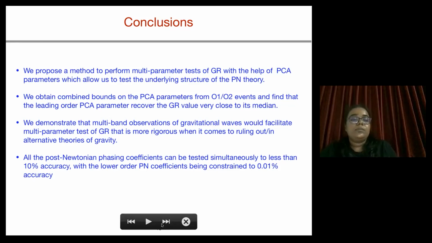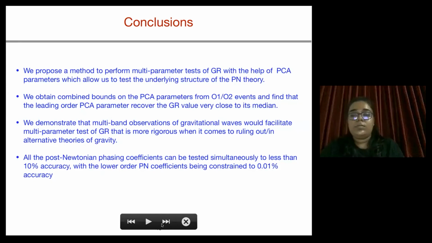And we can also perform this using multiband observations, and it turns out that it facilitates an 8 parameter test up to less than 10% accuracy, whereas the lower PN coefficients are constrained to less than 0.01 accuracy.